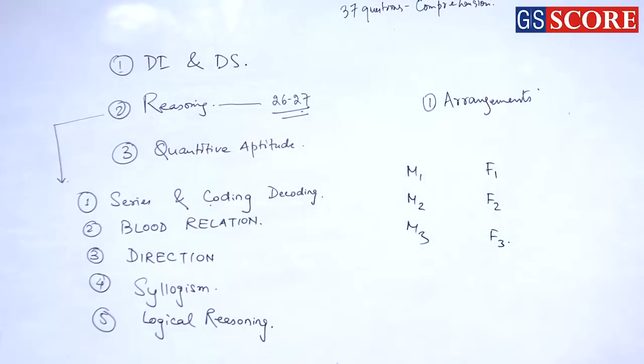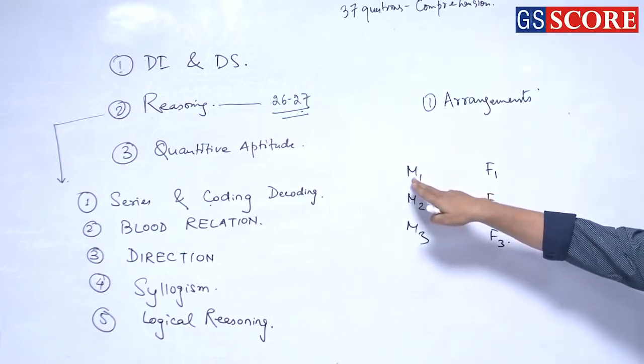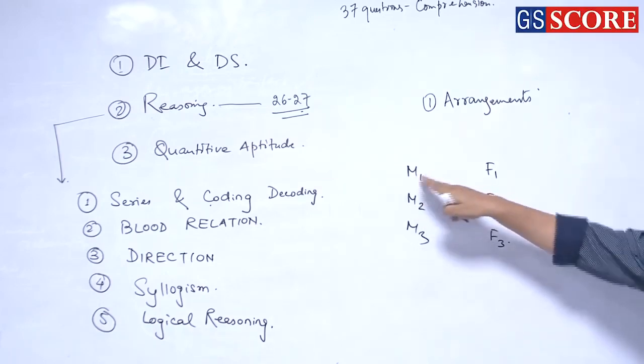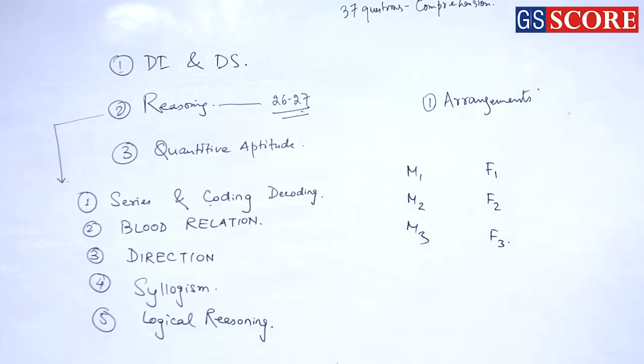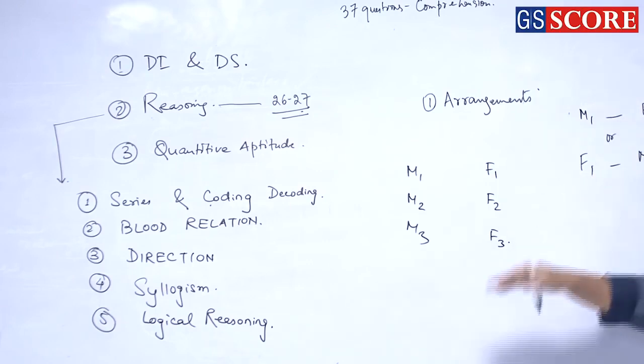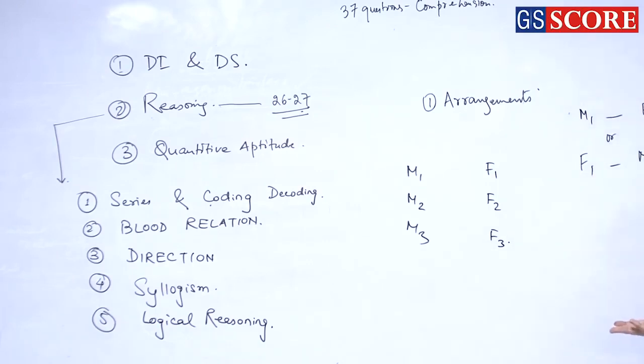There can be riders associated with the cases as well, like if they say there is a gap of 1 seat between M1 and F1. So what can be the possibility? It will be M1 space F1 or F1 space M1. Which is correct depends on the next condition which is given subsequently.